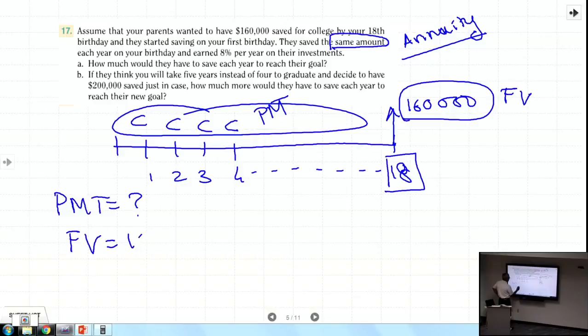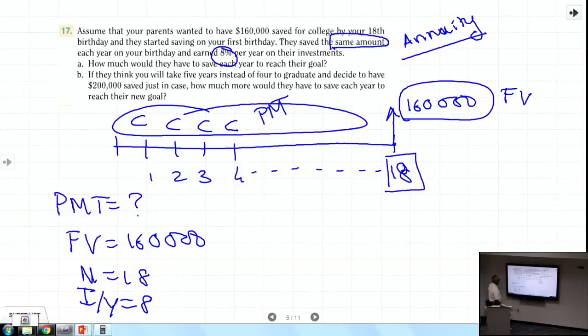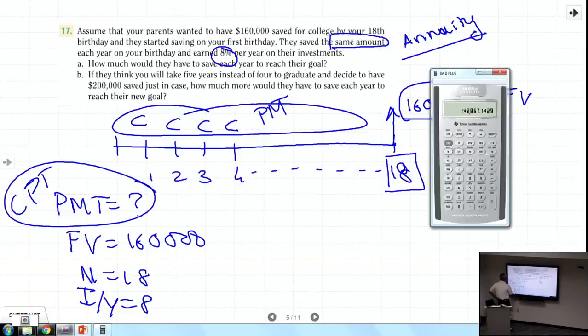Future value is $160,000. N is 18, and it is going to be saved at 8% per year. So interest per year is 8%. So I'm going to be computing payment. So clear everything. Clear.